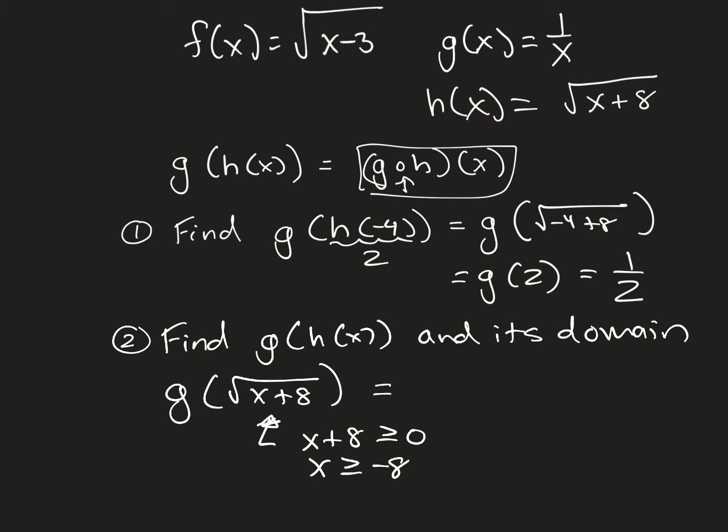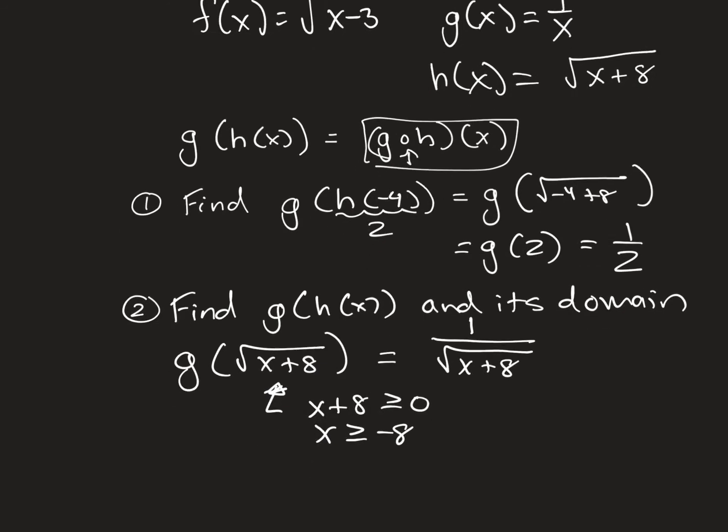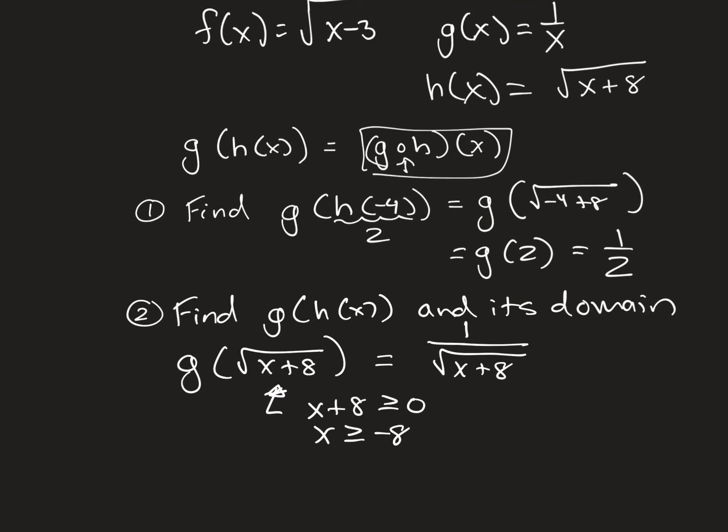Wherever there's an x in the g function, I put the square root of x plus 8. There's just one x, so I get 1 over the square root of x plus 8. To complete my domain, not only do I take into account the domain of the inner function, but I also have to look at the end result. The square root of x plus 8 is in the denominator, so I can't have x equal negative 8.